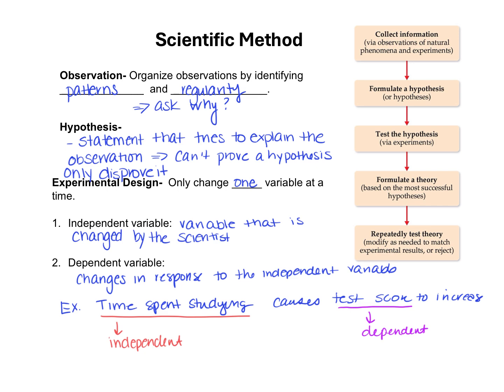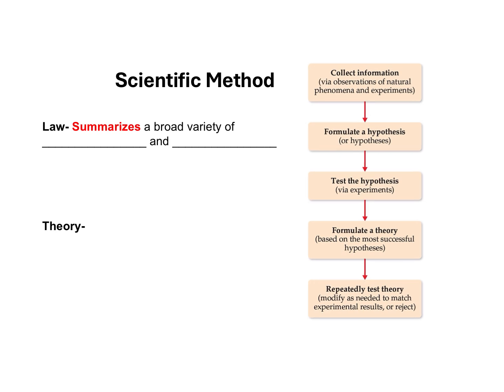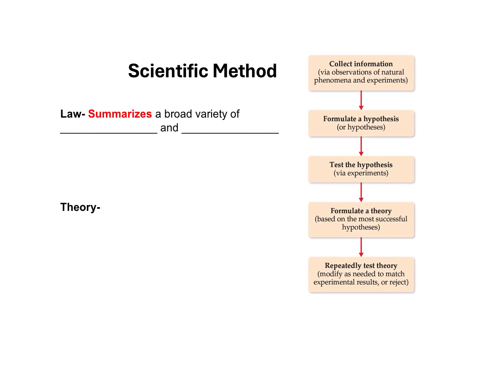Two other definitions that we run into with the scientific method are law and theory. A law summarizes a broad variety of observations and experiments. And the key word there is summarize.